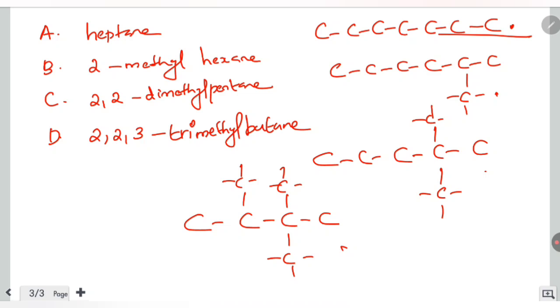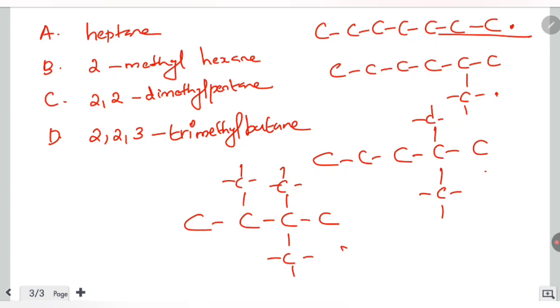So we are talking in terms of branches. All of them have London forces, right? Then from compound A to D, what is the difference? You need to explain the structural change. A is a straight chain, B to D have branches, or we can say from A to D, the number of branches increases.